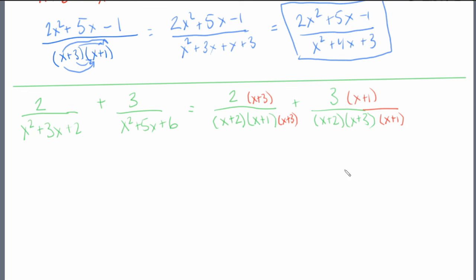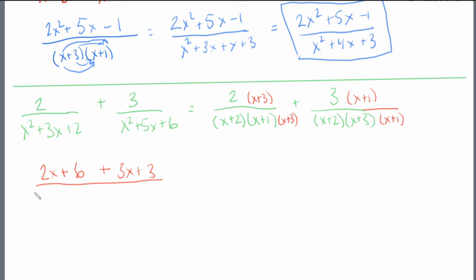So now all my factors match on the bottom, on my denominator. And let's go ahead and simplify the top, see what we get. So 2 times x, 2x, plus 2 times 3, 6. 3 times x, 3x, plus 3, distribute that 3.